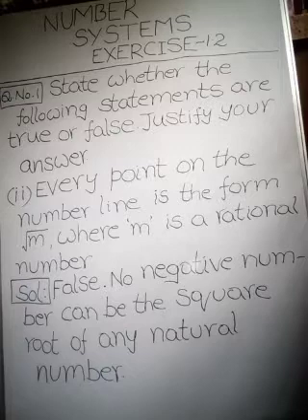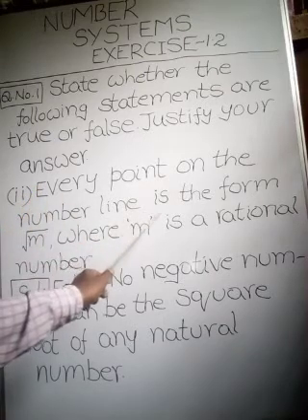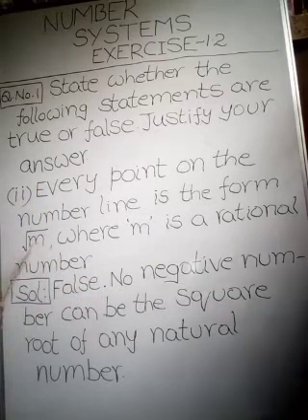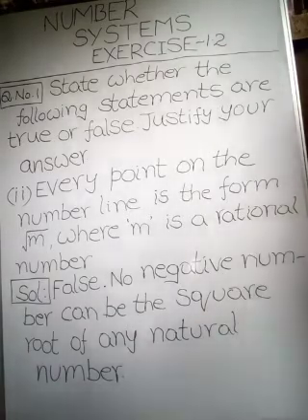The square root of any natural number cannot be a negative number. But on the number line, negative numbers are also there. So every point on the number line may not be in the form square root m. Understood, my dear children? Right.